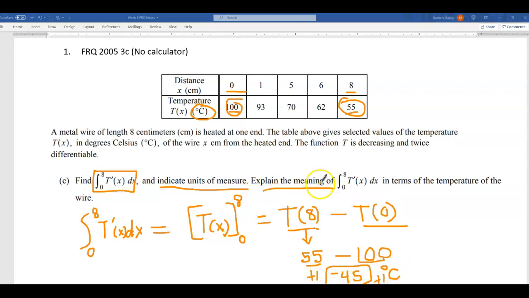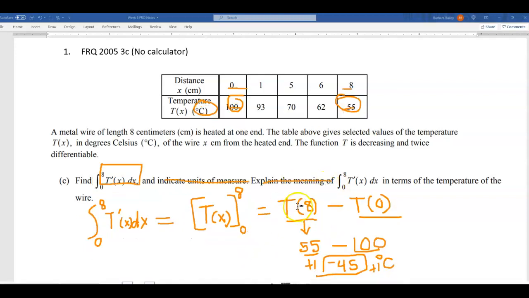The last thing we need to do is explain what this means. Well, basically what we're looking at here is this thing right here. This is the temperature. Now, you guys don't need to write this. You can, I guess, for your notes, but it's not really part of the answer. But T of 8 is the temperature at 8 centimeters.